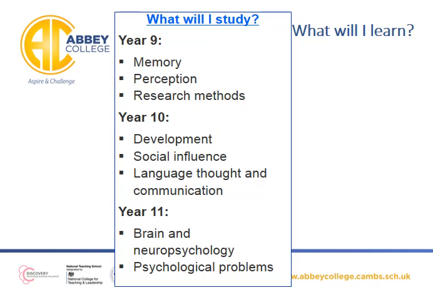And then we look at research methods, which is how research is conducted and how we then analyse our research to find out whether we've actually found something significant or not.